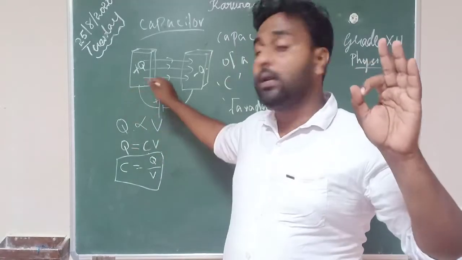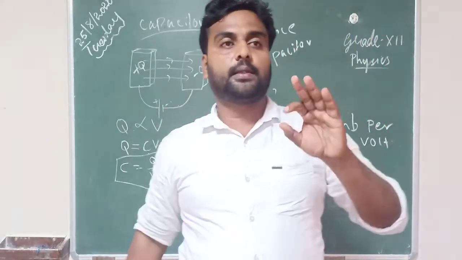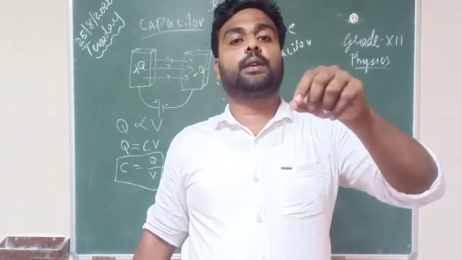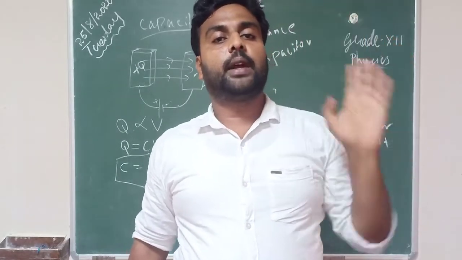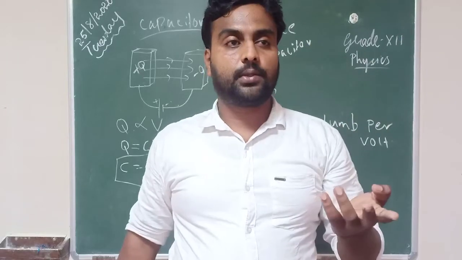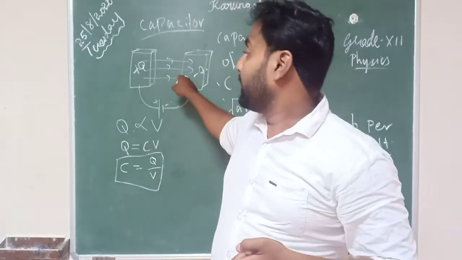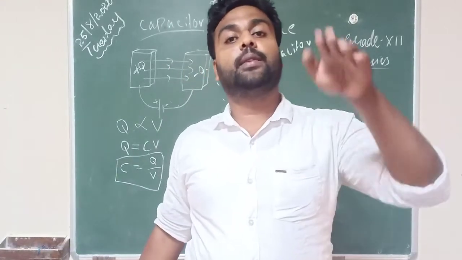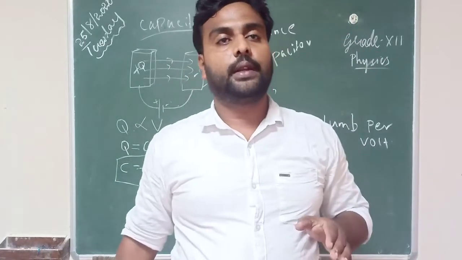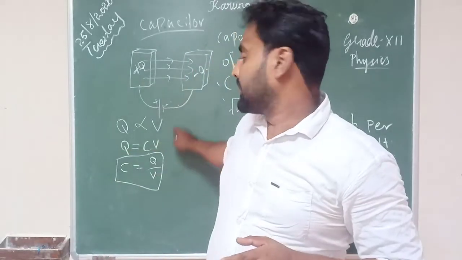So always the potential difference between the plates and the battery voltage are equal. If we increase the battery voltage, the potential difference between the plates also increases. If we decrease it, the potential difference between the plates also decreases.